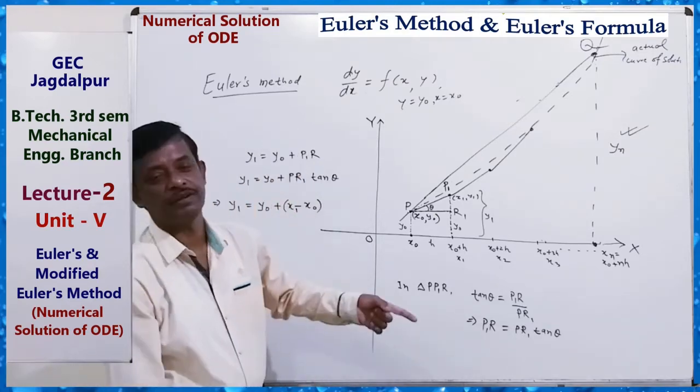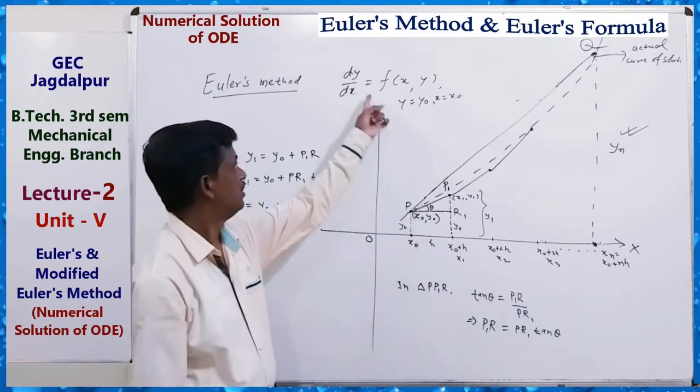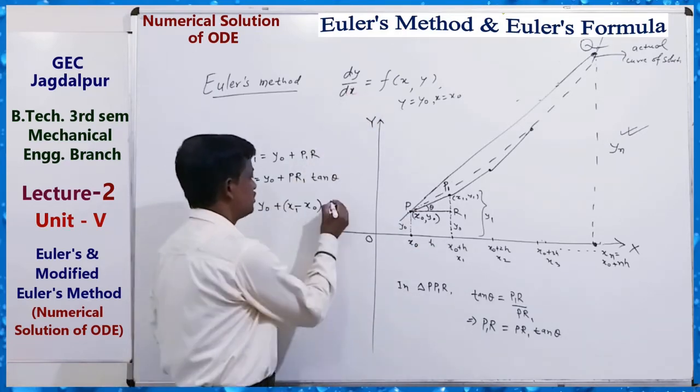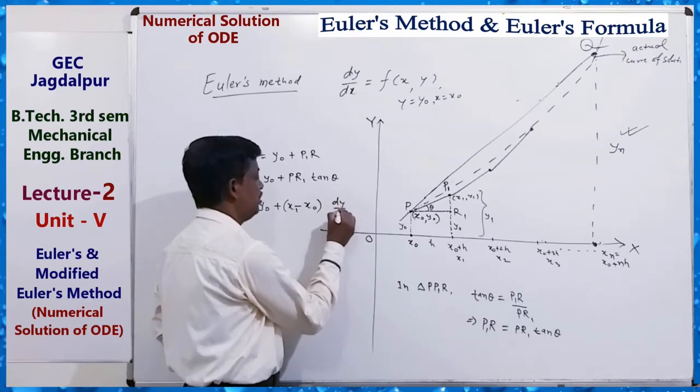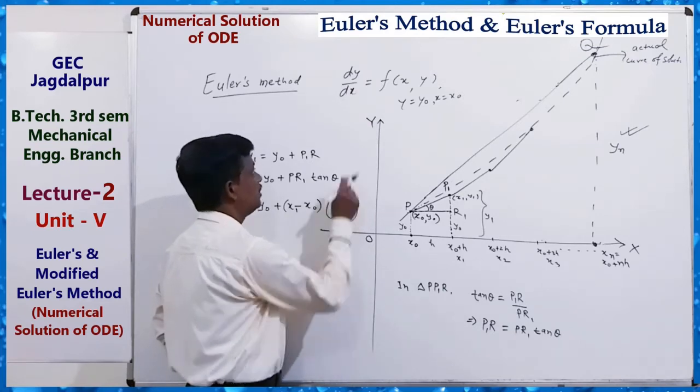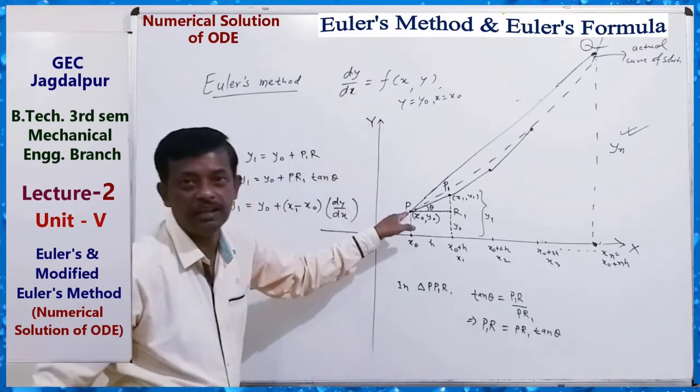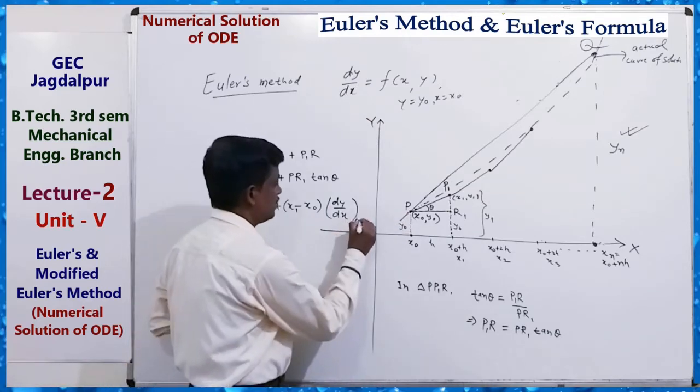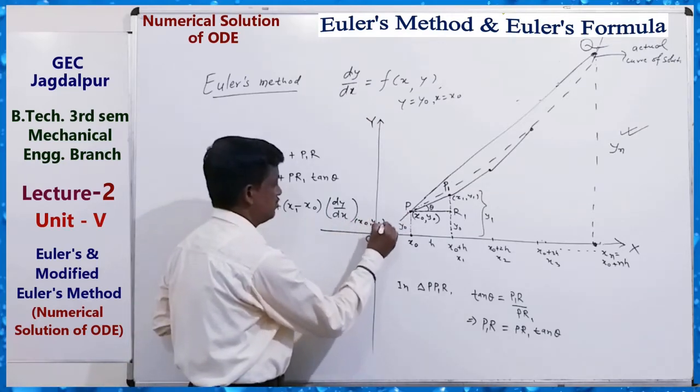And slope is given by dy by dx at this point x0, y0.